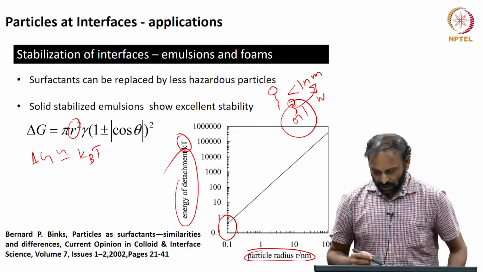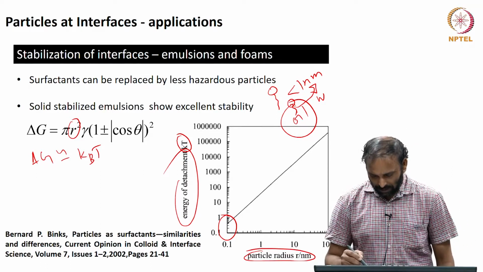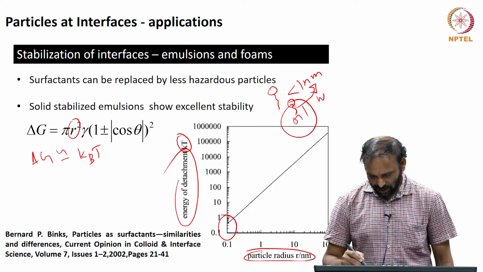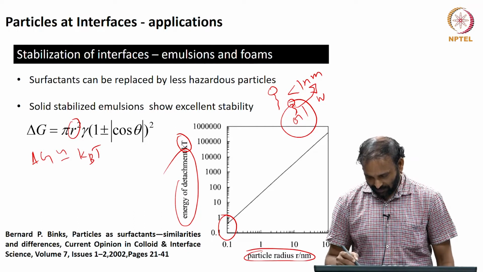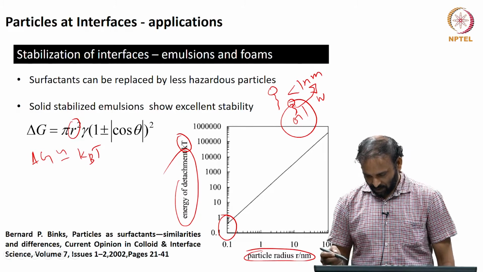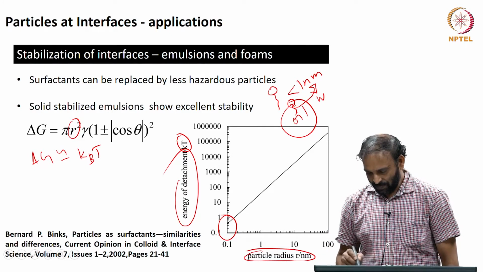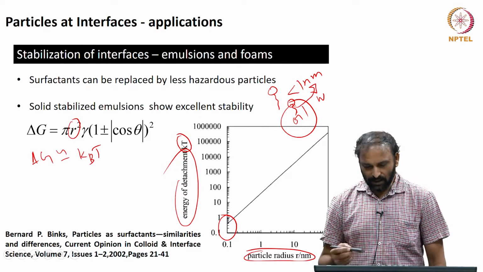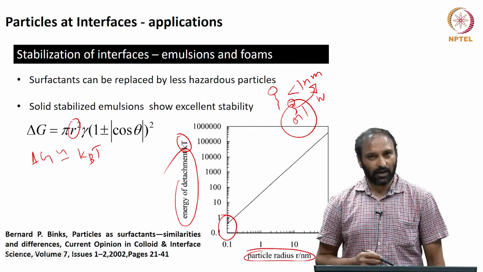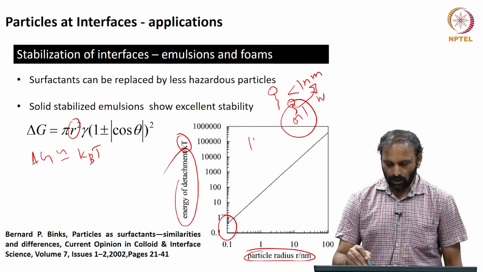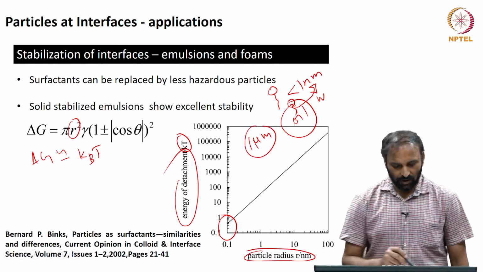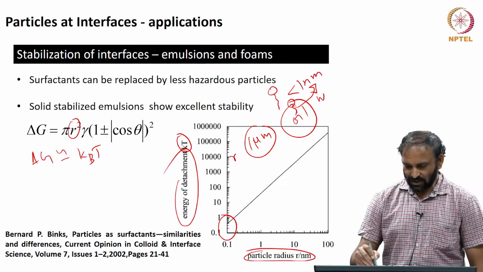However, in contrast, look at particles that are larger in dimension, for example a 1 micrometer particle, so the radius is 1 micrometer.